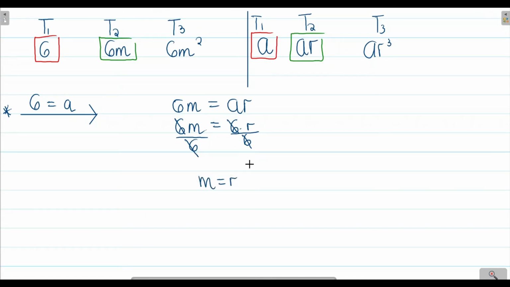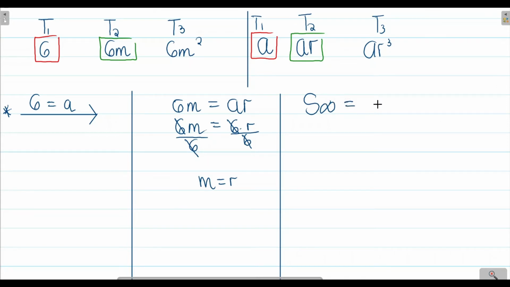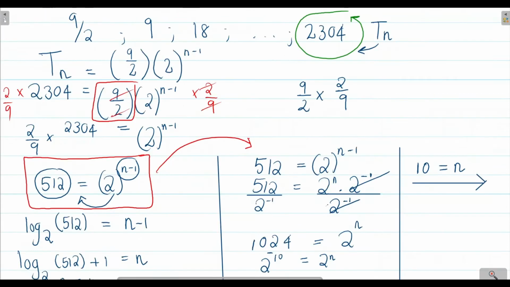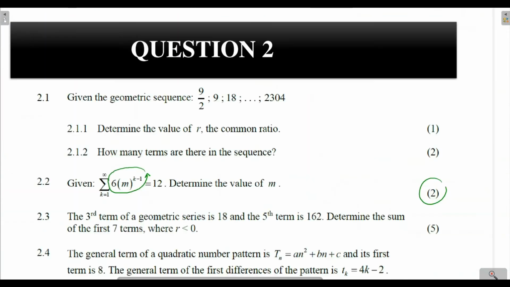So we found the value of a and the value of r, and then we can simply go to the equation. We can use the equation sum to infinity is equal to a over 1 minus r and substitute our values. Here, we were given that the sum of our infinite geometric series is equal to 12. So S infinity is equal to 12.